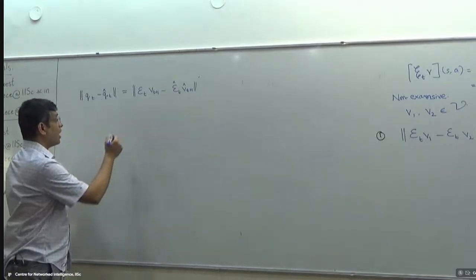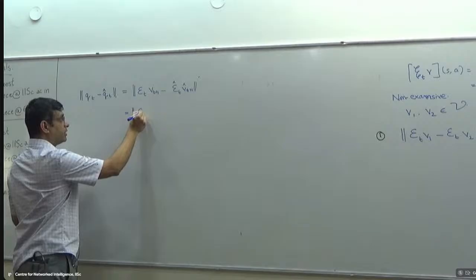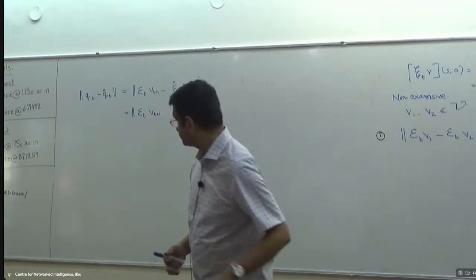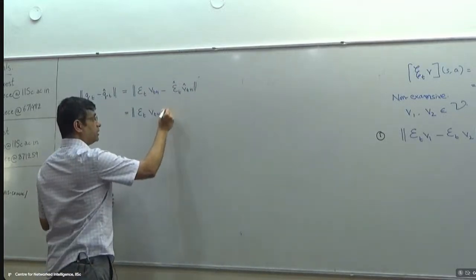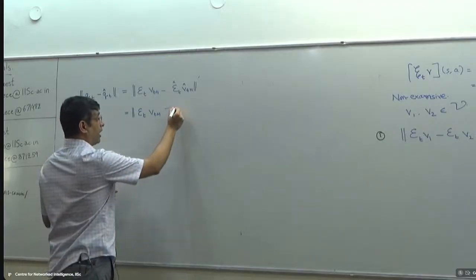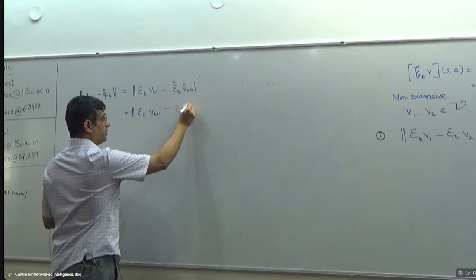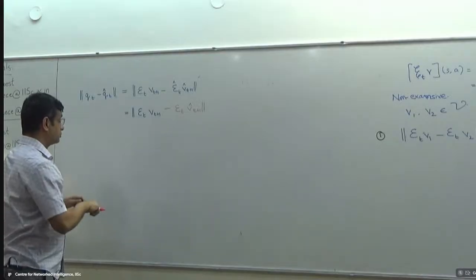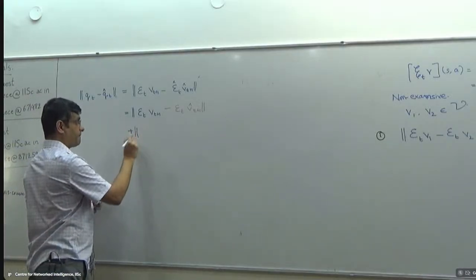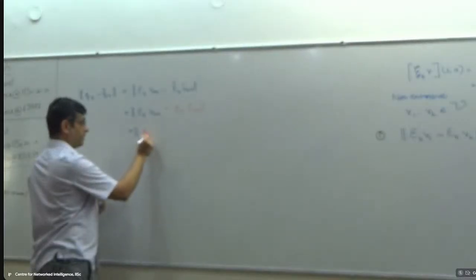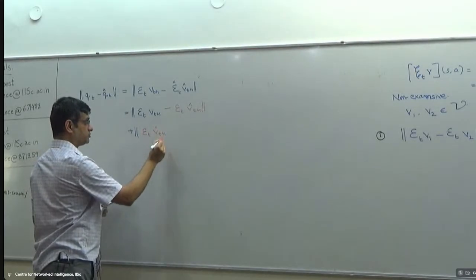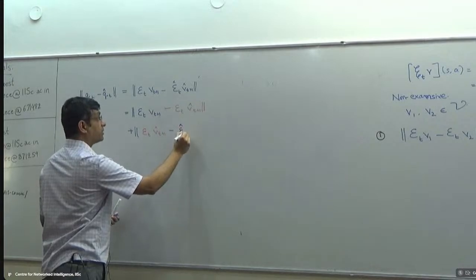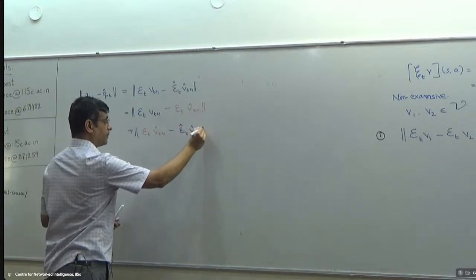So, I will massage this so that I get these two terms. I am going to add and subtract. I am going to say this is E_t V_{t+1}, and let me add E_t V hat_{t+1} plus E_t V hat_{t+1} minus E hat_t V hat_{t+1}.